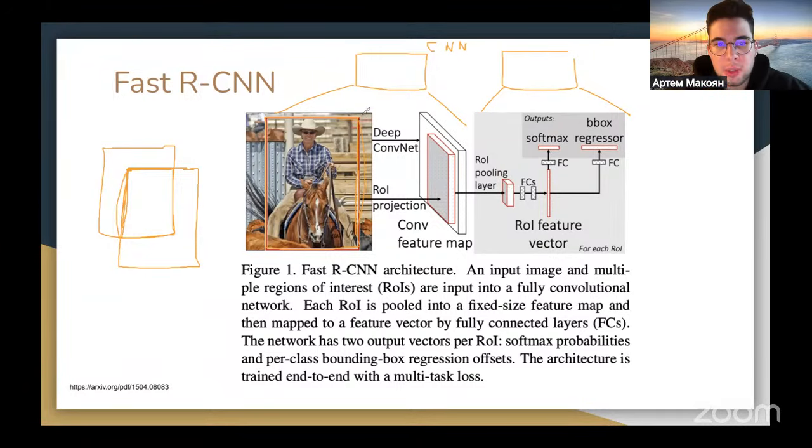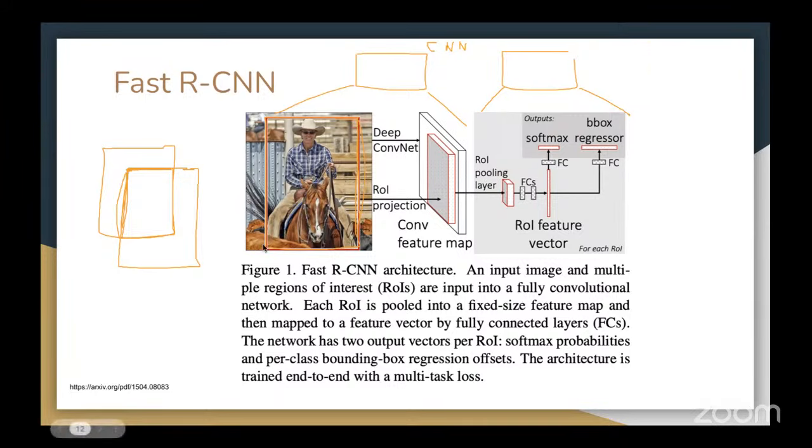So when we have a proposal of a bounding box, let's also use something like MSE, mean squared error loss, on the predicted corners and the labeled bounding box to refine it. So we also predict the coordinates of the corners.